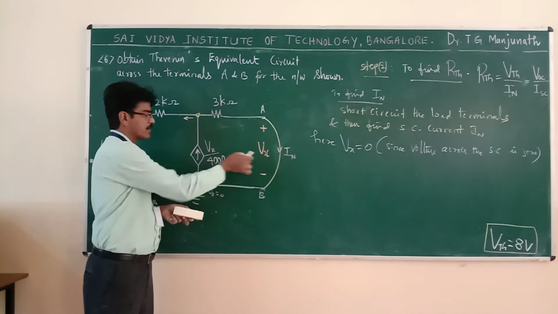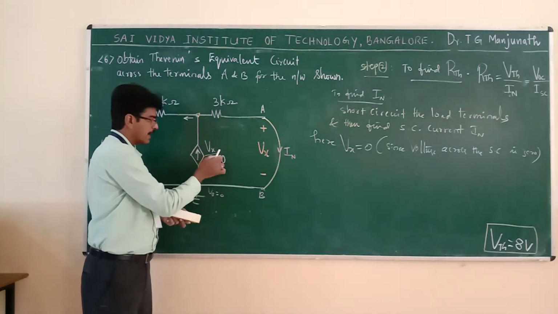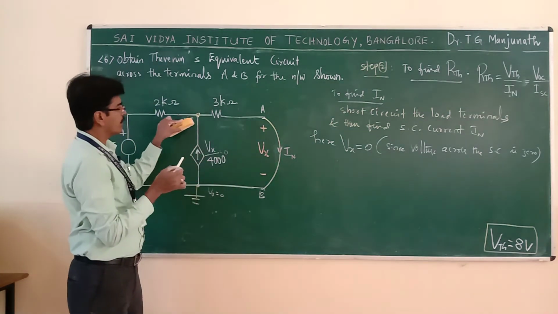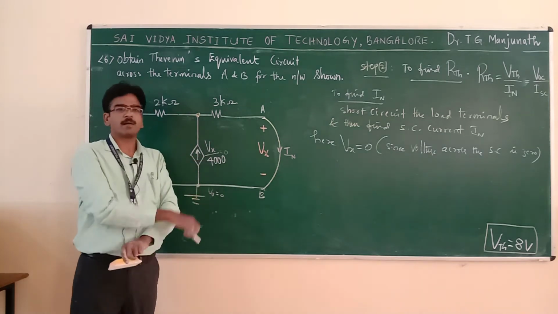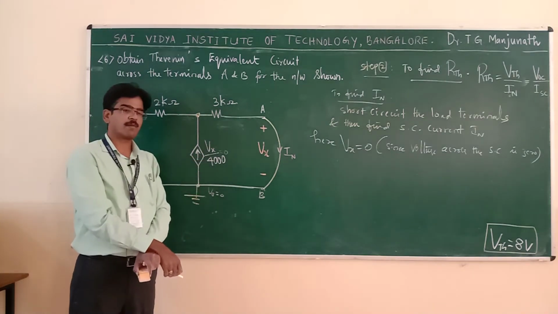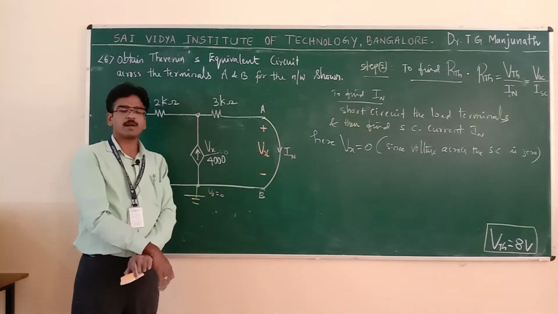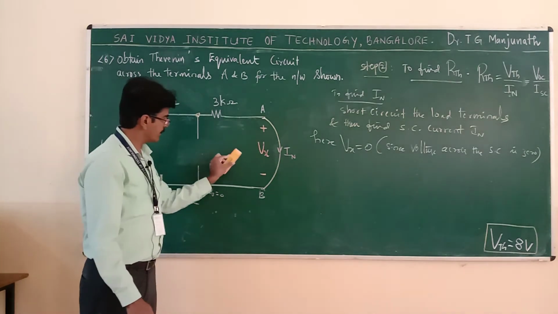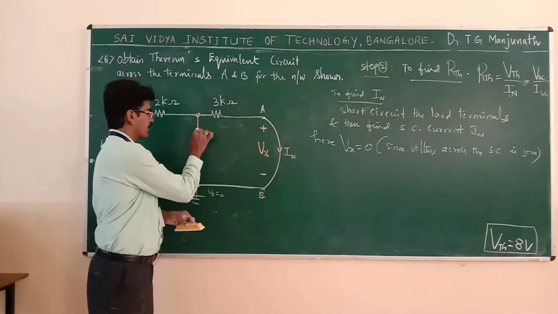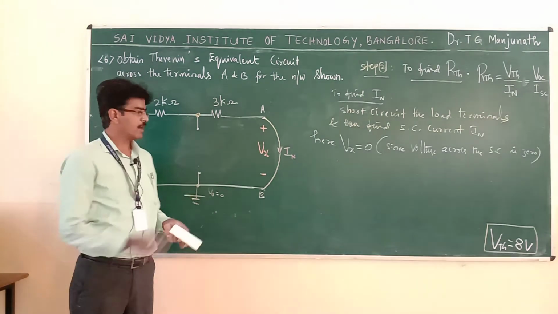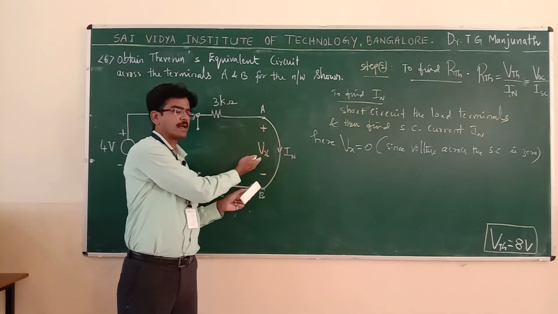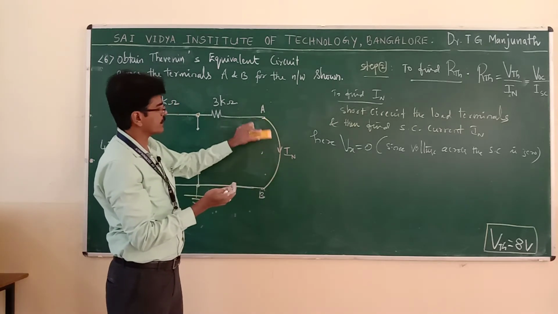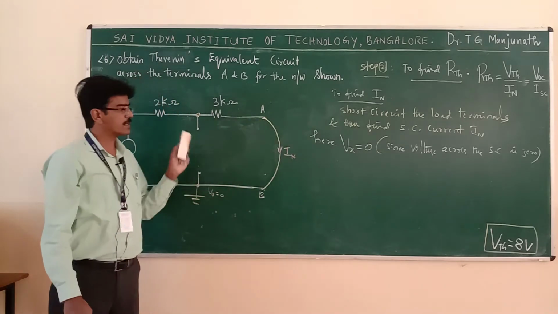Then what is the meaning of current being 0? Current is 0 under open circuit conditions. Therefore, I can remove this and create the open circuit. When I remove this, this will not exist. I can remove this. Then what is remaining?